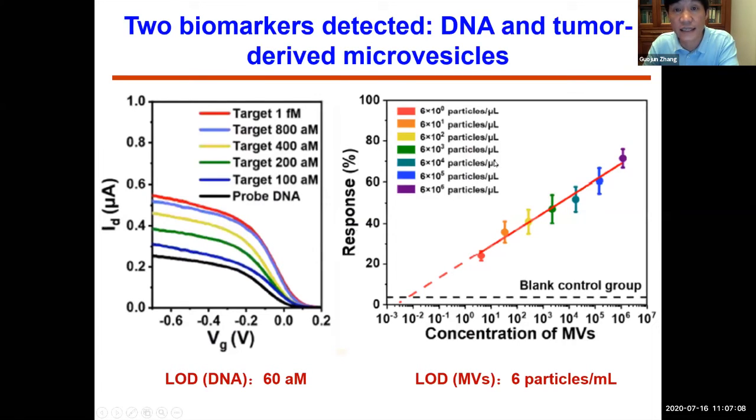And to detect the microvesicle, we use aptamer because aptamer is very specific to vesicles. In this work we can detect DNA as low as 60 attomolar, and for MV, we can detect 6 particles per milliliter.